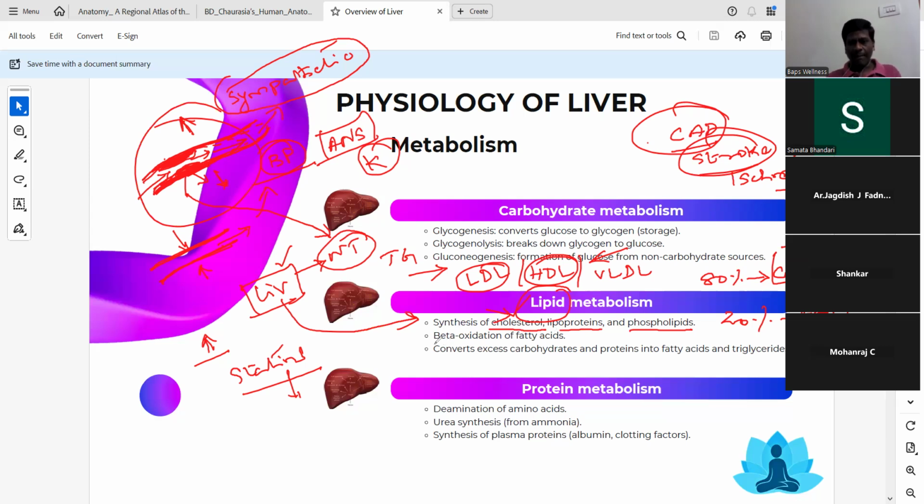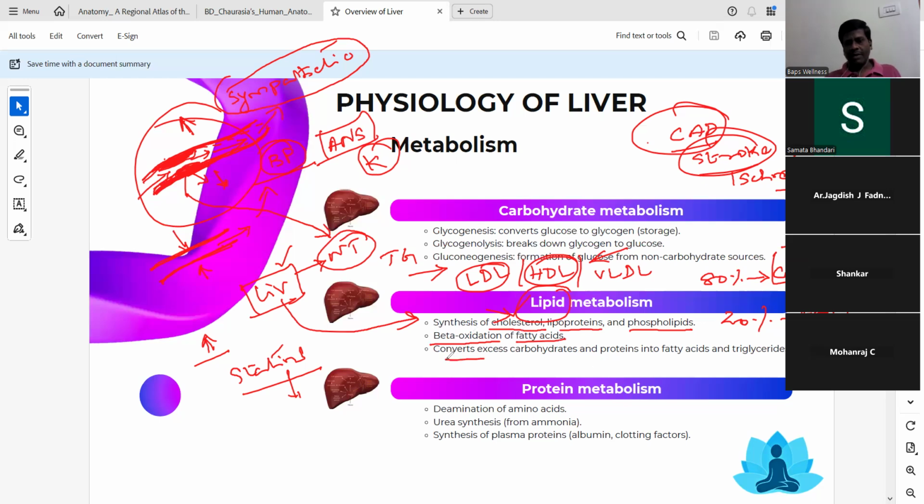And then beta oxidation of fatty acids. Fatty acids are the micro units of fats, like amino acids for protein. So the liver is involved in beta oxidation. Again, the beta oxidation process is a lengthy one. Just get to know that beta oxidation is controlled by the liver.